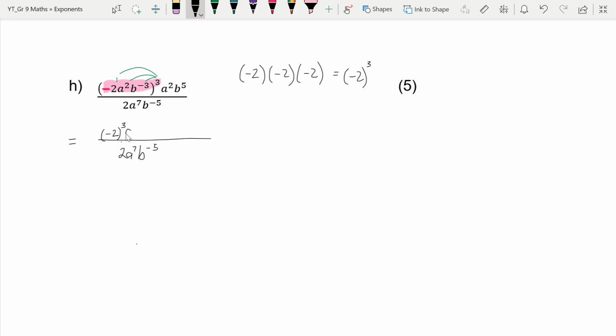All right, that will become a to the power of 6, b to the power of negative 9, and then multiply there's that second part, a squared times b to the power of 5. So there's the first step of showing our working out. Second step, well, let's deal with that negative 2 to the power of 3. So that would be -8, just thinking about our integers there. We can also put these together. We've got some bases that are the same and we are multiplying at the top.